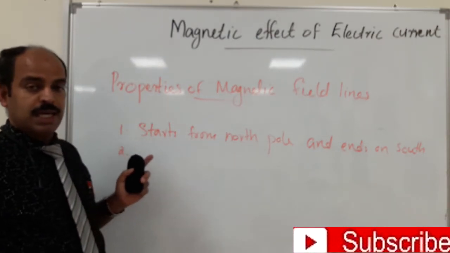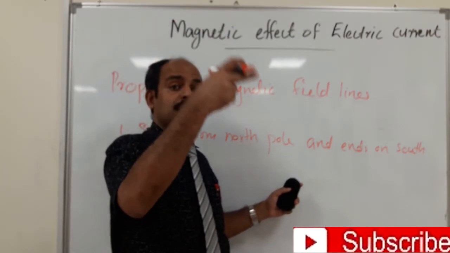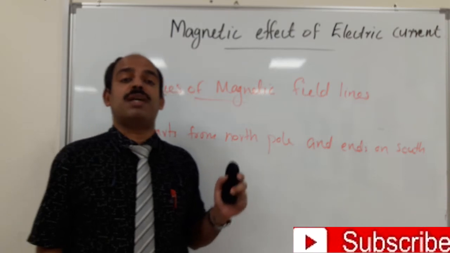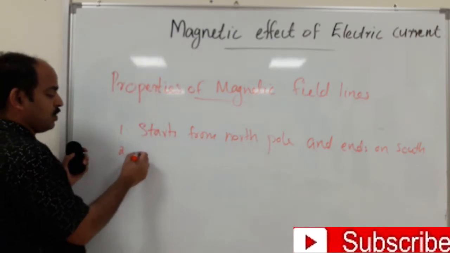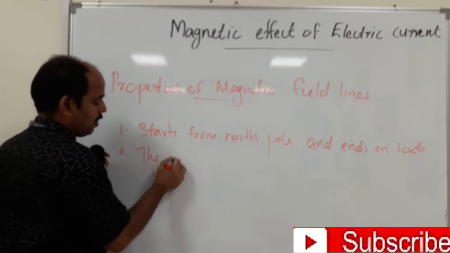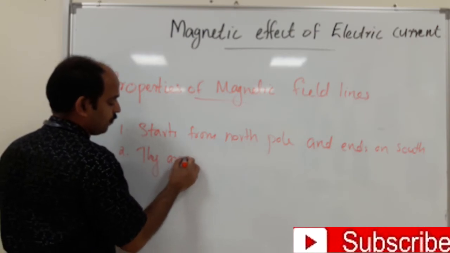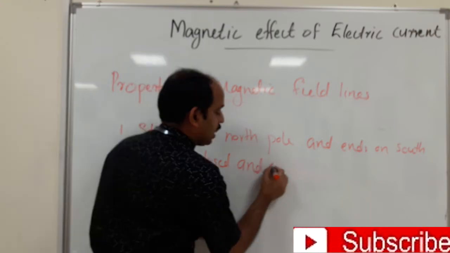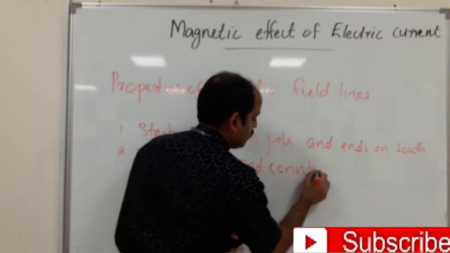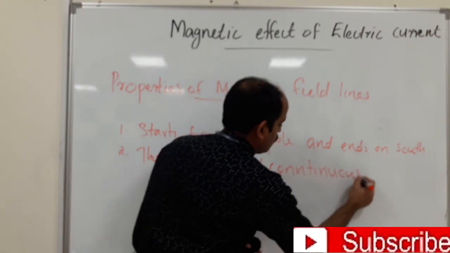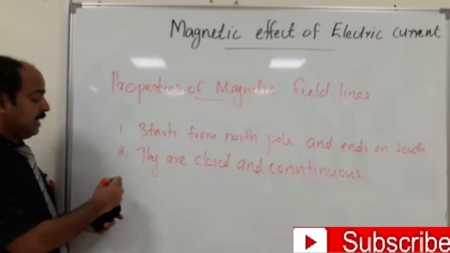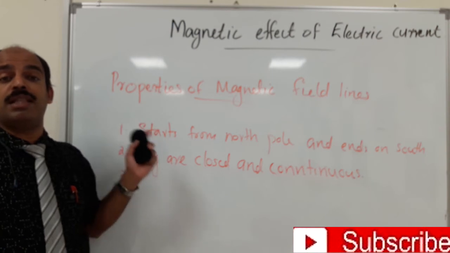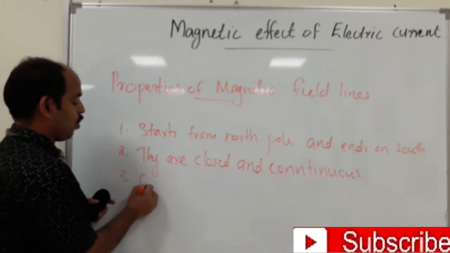The second property: you might have seen that the lines are continuous, so they are closed and continuous. Then the third property is that magnetic field lines are closer at the poles.